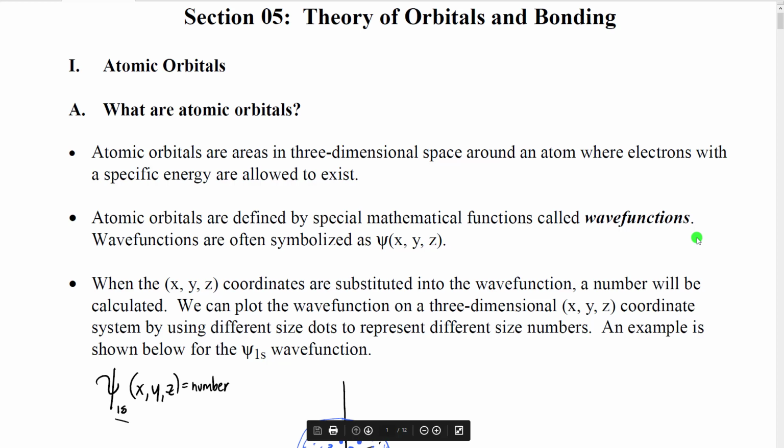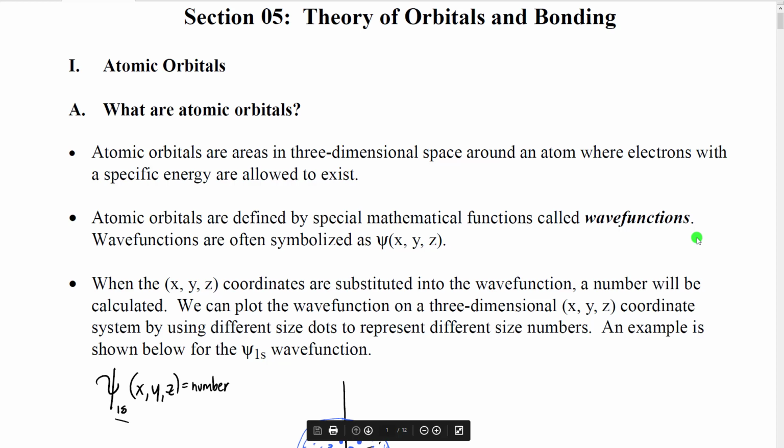So this, for example, is sort of a representation of what a 1s orbital plot would look like. So this is the psi 1s function. And when we plot the psi 1s function, what we get is a sphere. It turns out the densest part of the sphere is right in the very center, and then it gets weaker and weaker as it goes out.